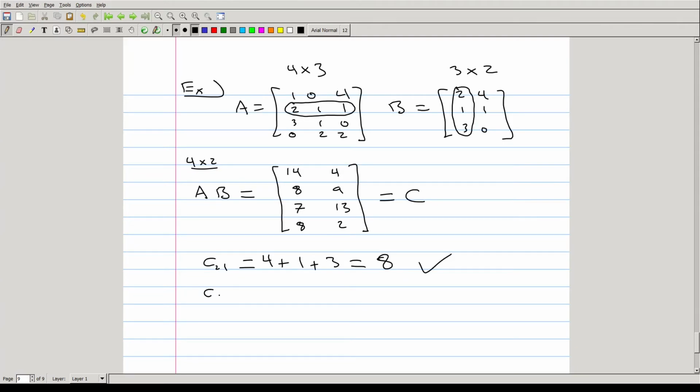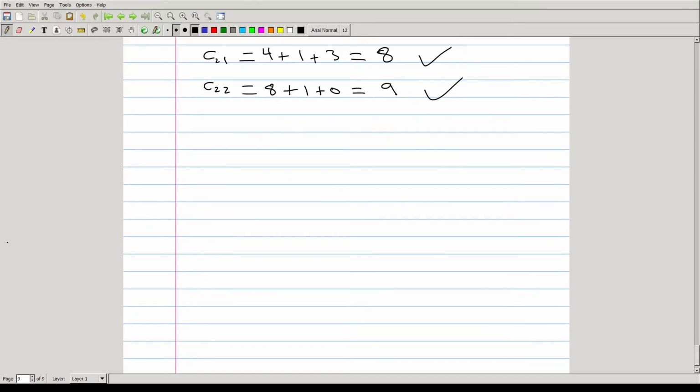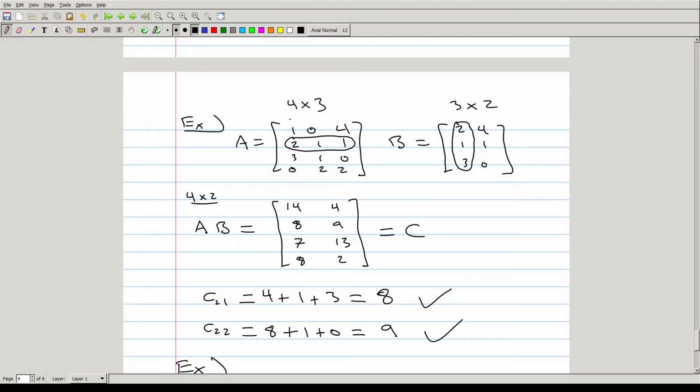C22 is going to be 2 times 4, which is 8, plus 1 times 1, which is 1, plus 1 times 0, which is 0. That's 9. So this is a good example. We note that an M by K matrix times a K by N matrix gives us an M by N matrix, in this case 4 by 2.